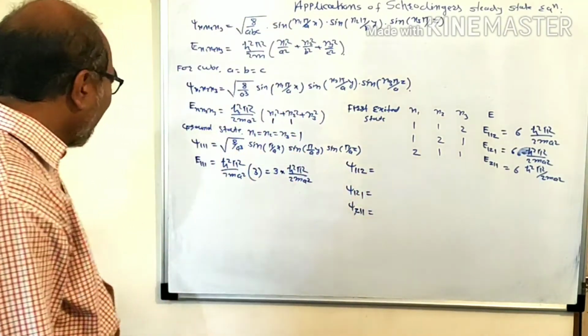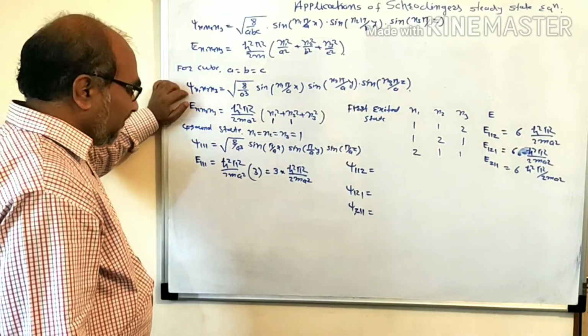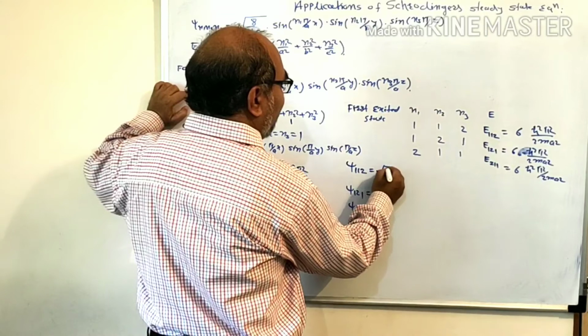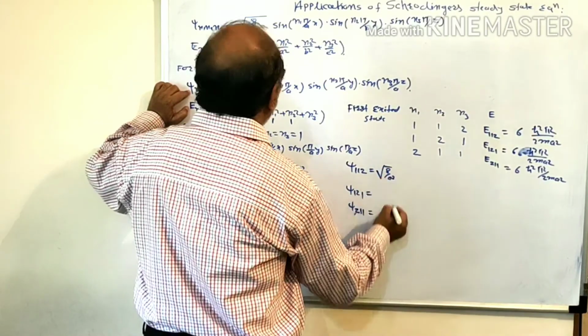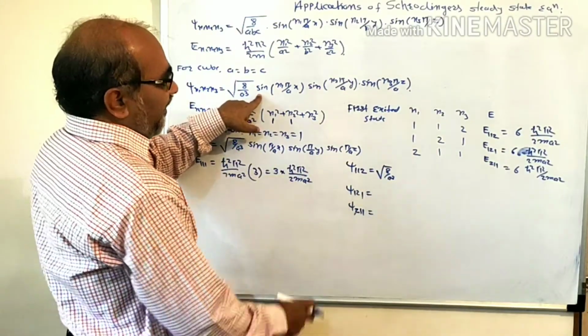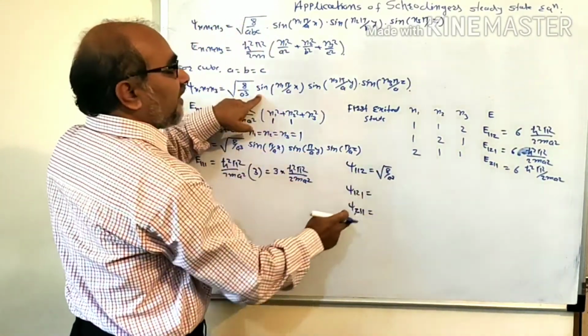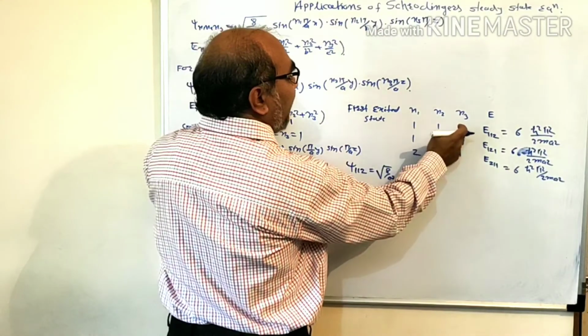The general formula for psi is this one, and therefore psi is equal to root 8 by a cube, which is common, times sine, and n1 is what? For psi 1 1 2, n1 is 1, n2 is 1, n3 is 2.